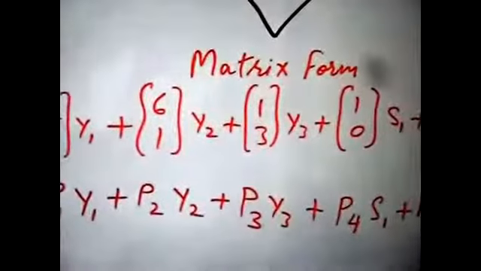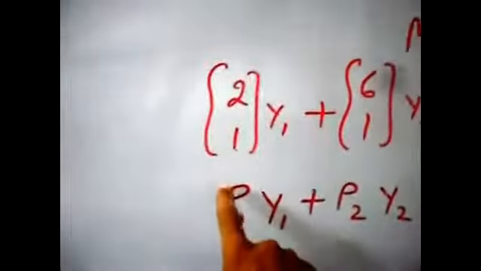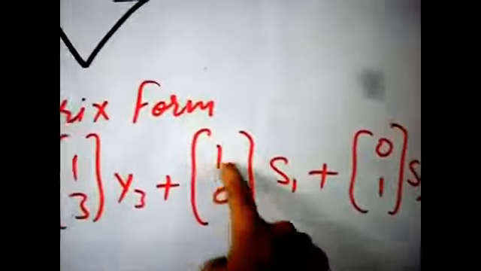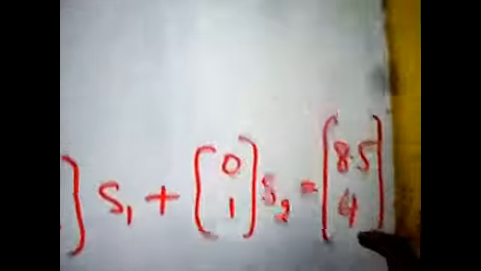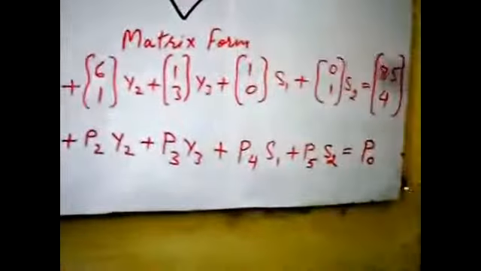Now we convert it into matrix form. Matrix form means we take y1, y2, y3, s1 and s2 common. The coefficients are the column matrices 2 1 for y1, 6 1, 1 3, 1 0 and 0 1, and on the right side 8.5 and 4, which is also a column matrix.